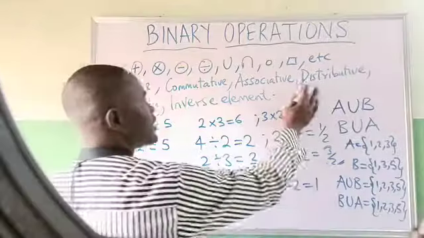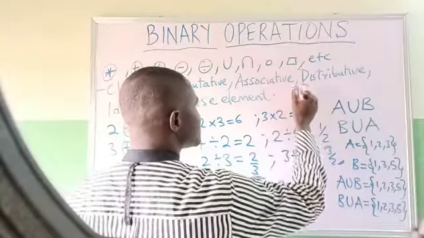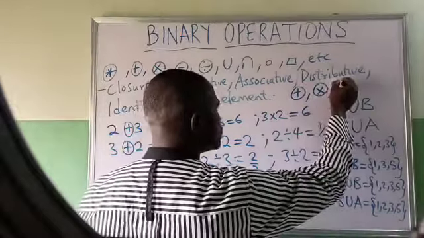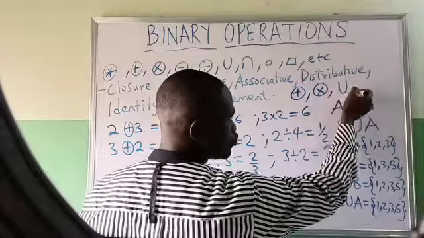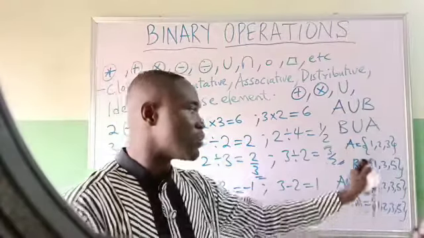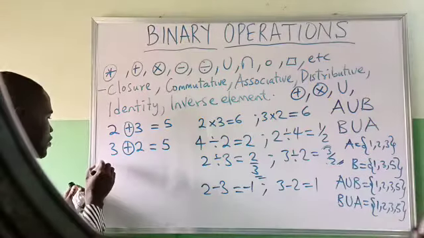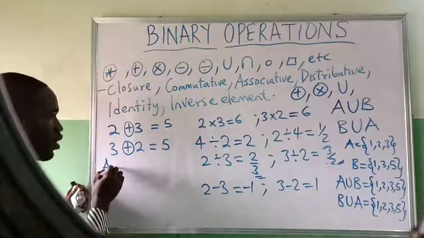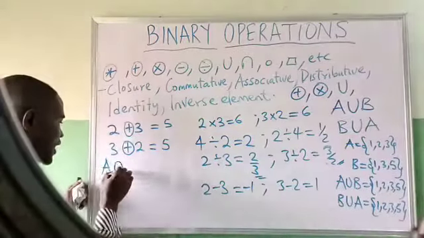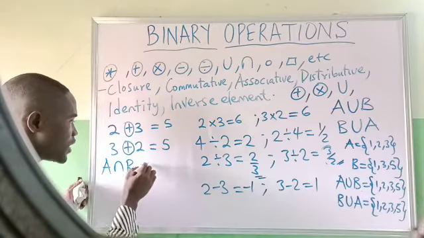We say that addition of numbers, multiplication of numbers, union of two sets, they are said to be commutative. Let's check intersection. A is equal to this and B is equal to this. What is A intersection B? What will it give me?